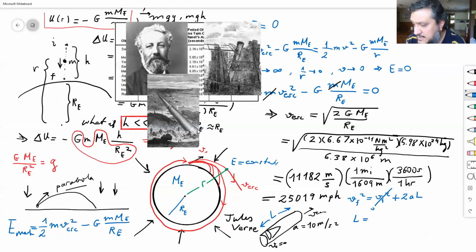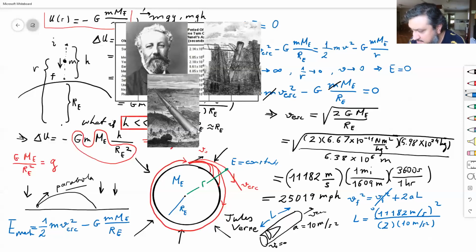L will be the square of 11,182 meters per second divided by 2a, 2 times 10 meters per second squared.